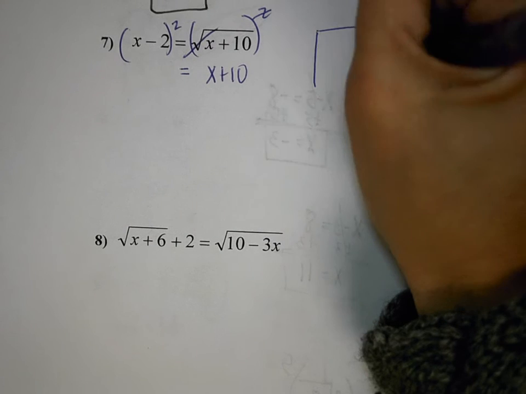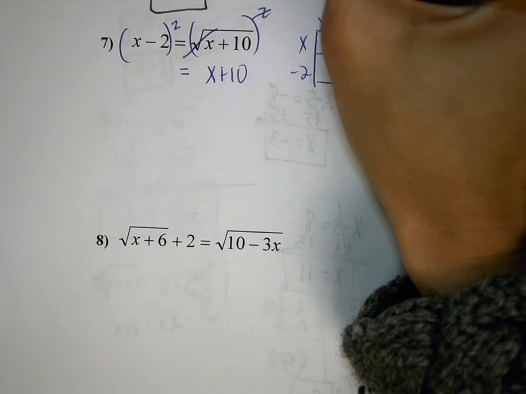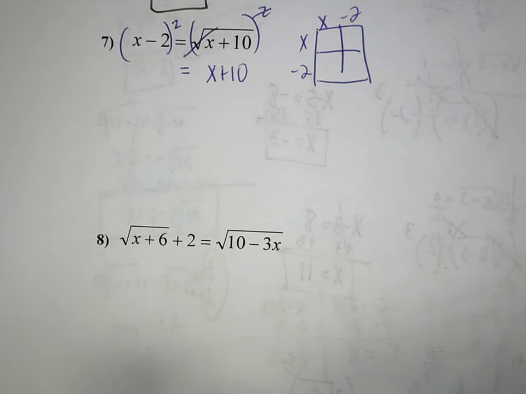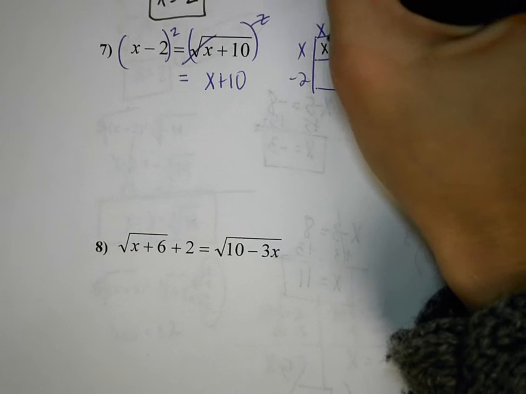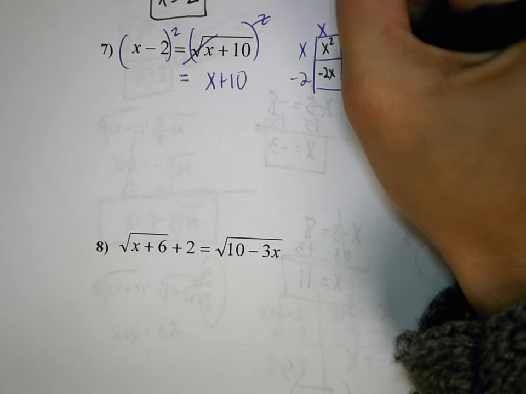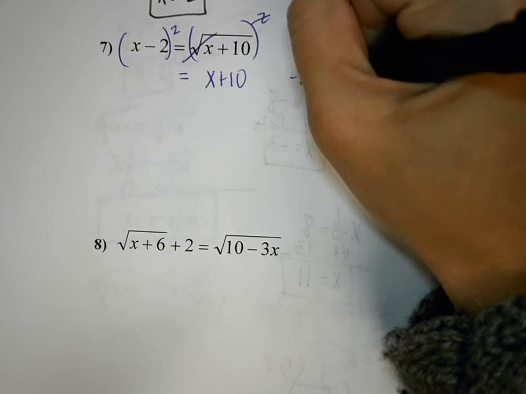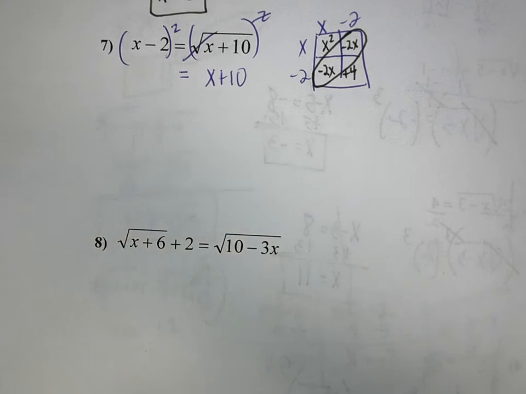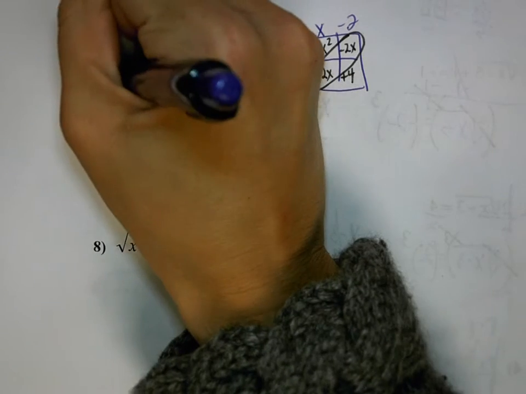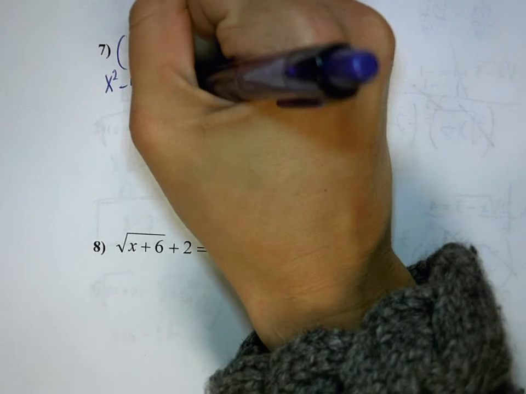So if I make a box, we have x minus 2 and x minus 2. We get x squared, negative 2x, negative 2x, and a positive 4. So when I combine my like terms, I end up with x squared minus 4x plus 4.